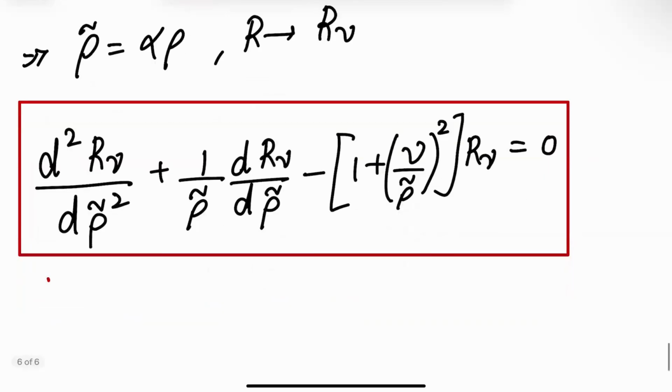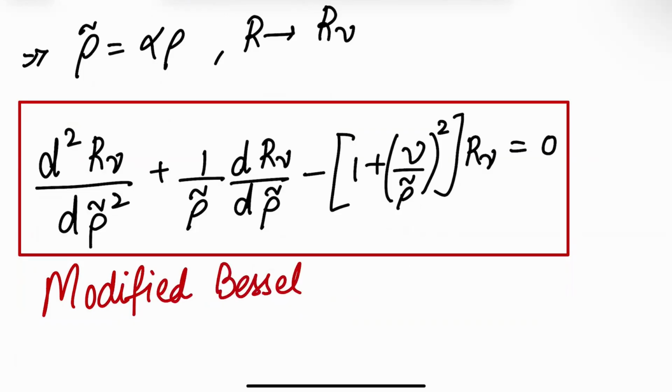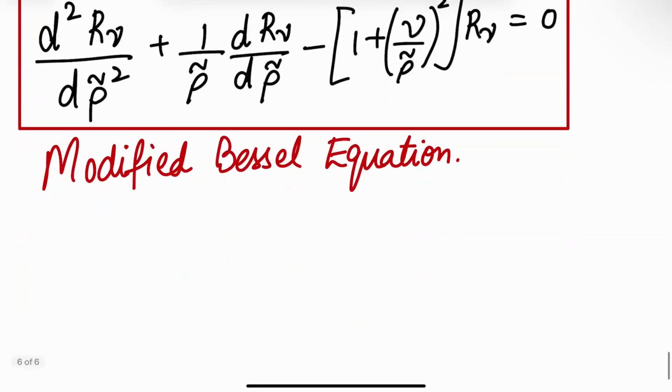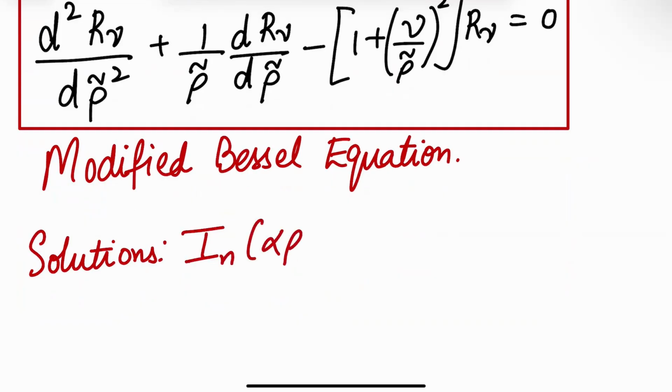Okay, so this is called the modified Bessel equation. And solutions to this are called the modified Bessel functions, I n of alpha rho and K n of alpha rho.